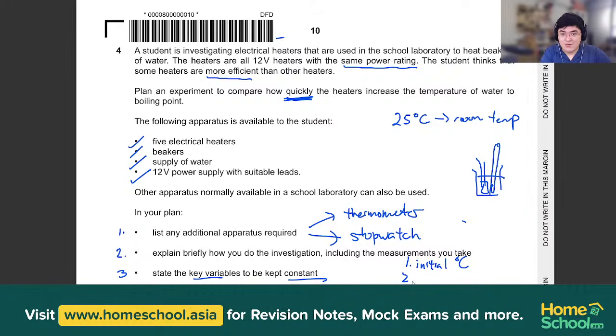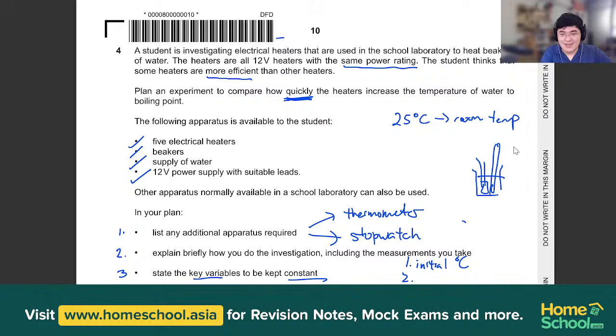Then number 2, you put the heater in, turn on the heater, and start the stopwatch at the same time. Turn on and start the stopwatch at the same time, okay? Number 3, you wait for the thermometer to hit 100 degrees Celsius, and when it hits 100 degrees Celsius, stop the timer.